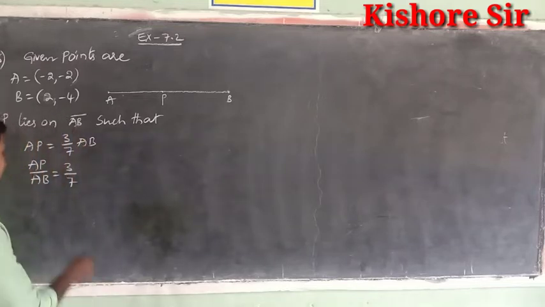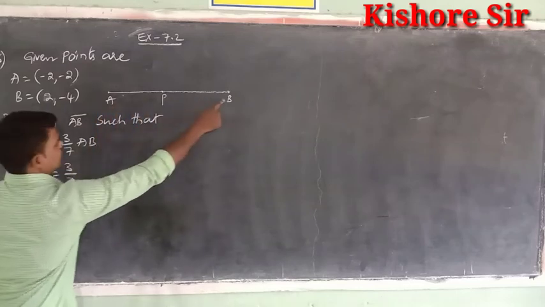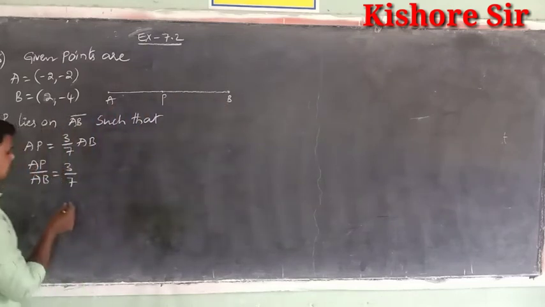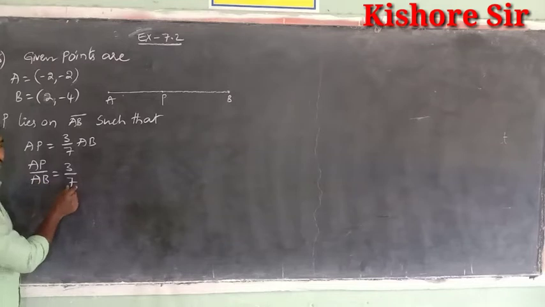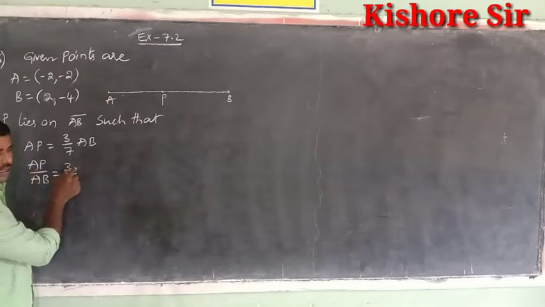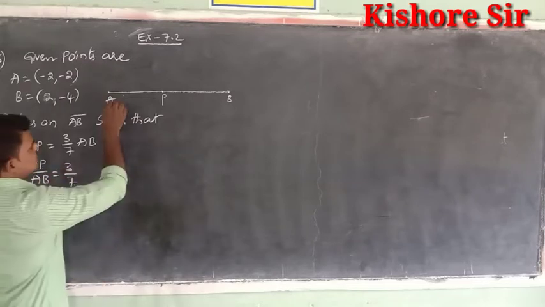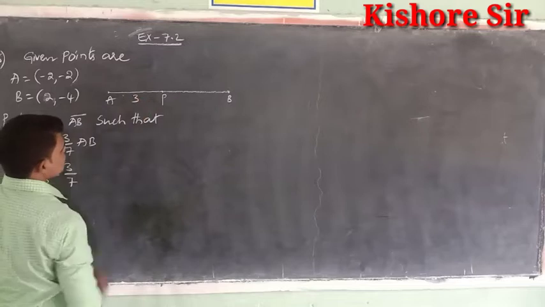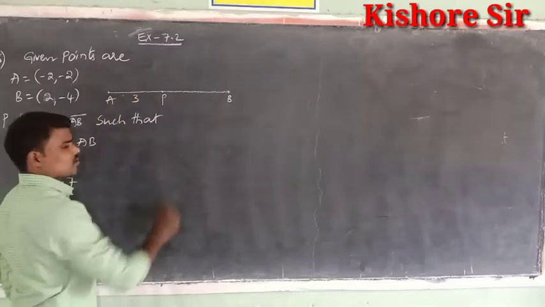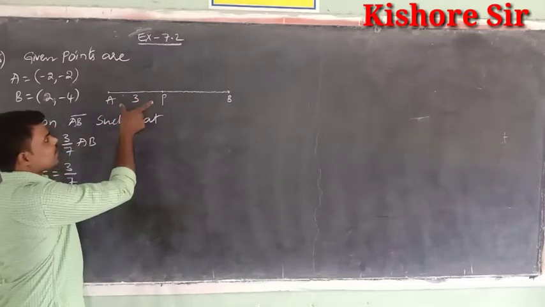See here. AB is the total length of the line segment, so AB is 7 parts and AP is 3 parts.